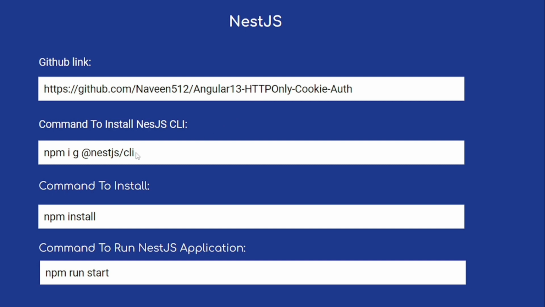For that, please run this command by opening the command prompt. Once that is successfully installed, go to this project and run the npm install command so that all the packages required by our Nest.js application are downloaded. Once that is done, it is very simple to start by running the npm run start command.